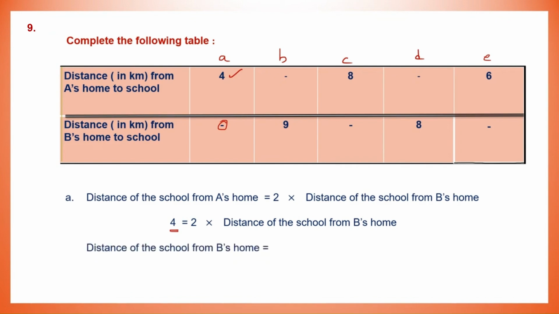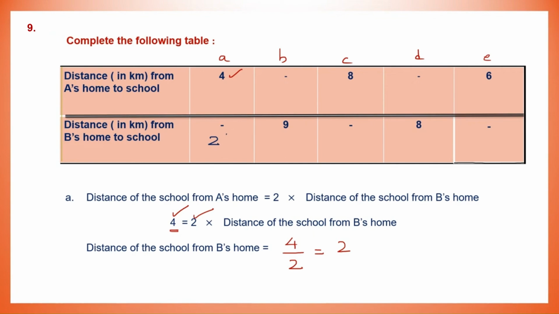So the distance of the school from B's home will be 4 divided by 2, which is 2. So this answer here is 2 kilometers. I will not write kilometers because it's already given here. So this answer is 2.